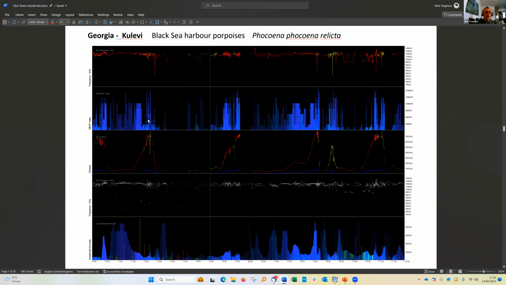So these are porpoises. This is the narrowband. So here you've got 2 copies of the raw data, the FP1 file, and 3 copies of the FP3, the processed data. And these are very typical feeding buzzes.